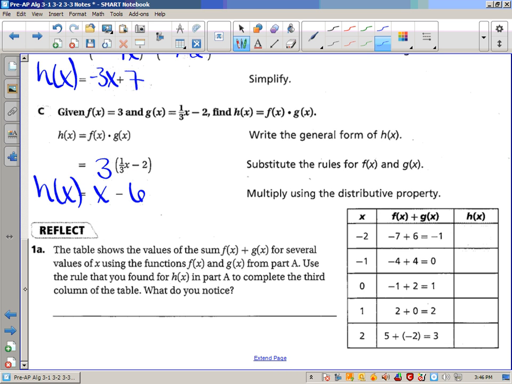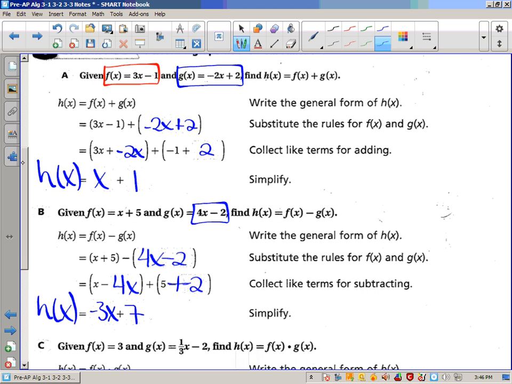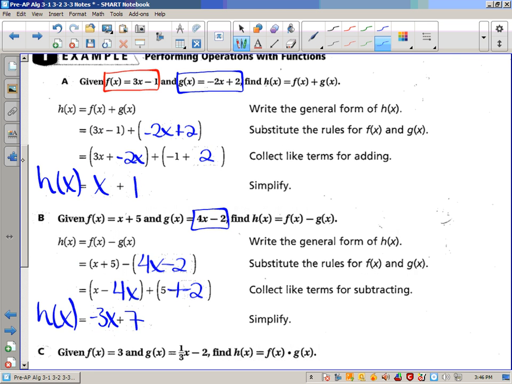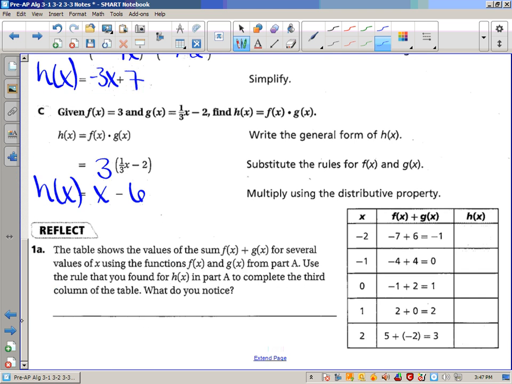For this reflection question, we're going to talk about the two functions that we used in part A. So 3x minus 1 and negative 2x plus 2. If I were to plug in certain values for x, so for example, down here in the table, if I were to plug in negative 2 for f of x, I would get negative 7. And if I were to plug in negative 2 for g of x, I would get 6.